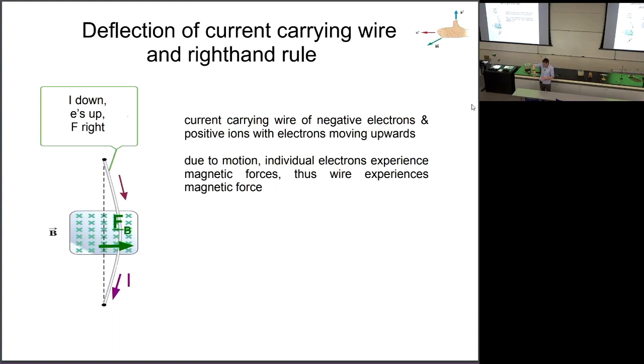The field is going into the screen, so I'm going to curl my fingers of my right hand into the screen, and then my thumb will point in the direction of the magnetic force on the current. And that thumb is pointing towards the right of the room, so that is a force towards the right.